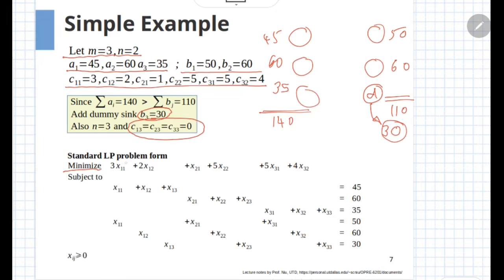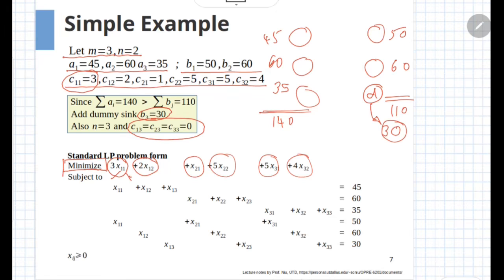So 3 times x11, where 3 is the cost of transporting product from first origin to first destination. So this is the cost of transporting x11 quantity from origin 1 to destination 1. Similarly, the other costs can be added and the total cost is the one which needs to be minimized.